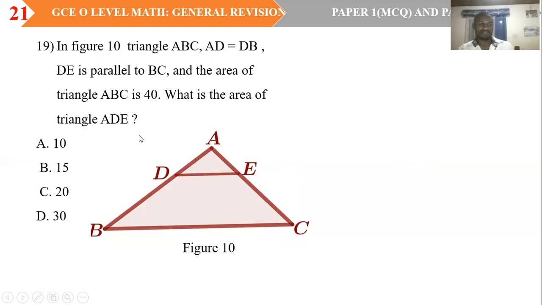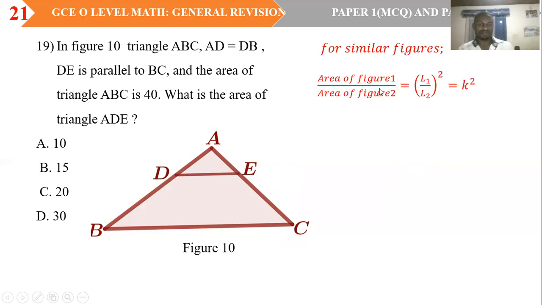When you look at this information, it tells us that these two triangles are similar. And for similar figures, area of figure 1 over area of figure 2 should be equal to the square of the scale factor K. And how do we find the scale factor K? By taking the ratio of corresponding sides in the two given figures. In our case, if we want to find K, we can take AD over AB.